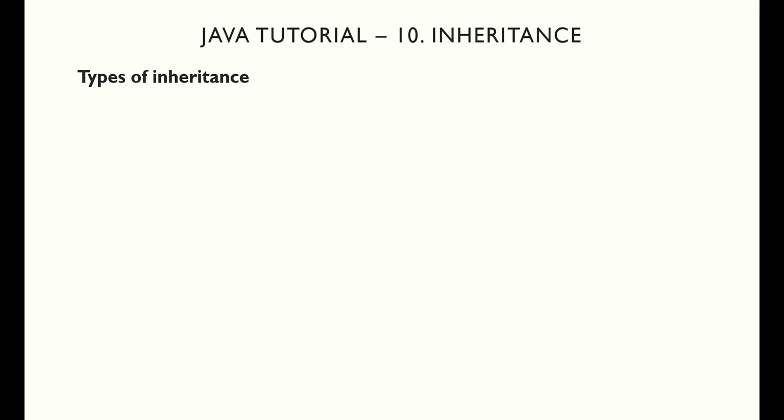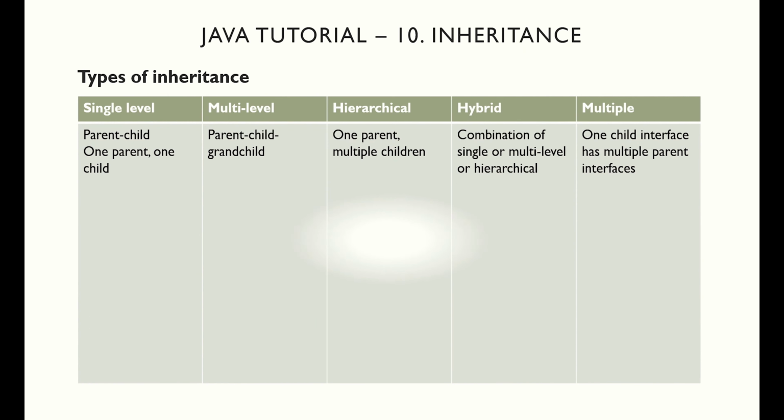Types of inheritance. There are different types of inheritance in Java: single level, multi level, hierarchical, hybrid, and multiple. Classes support only four types of inheritance, except for multiple inheritance. Only interfaces support multiple inheritance. Single level. In this type, the subclass inherits the features of one superclass, a simple parent-child relation.